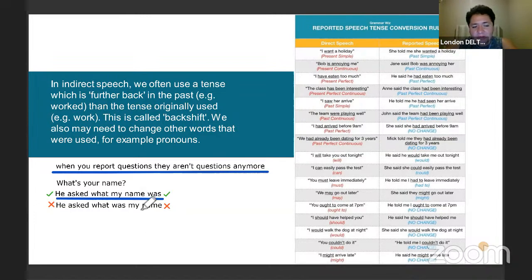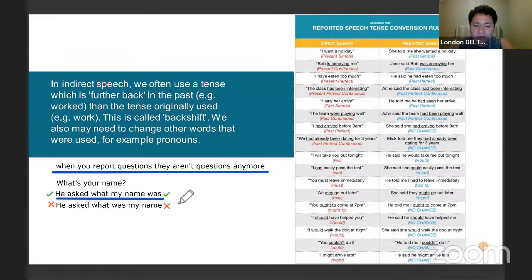Well, in questions, remember that you need to write the auxiliary verb first, okay? But this is the rule. When you report questions, they aren't questions anymore. Cuando repetimos una pregunta, entonces esa oración ya no es una pregunta.